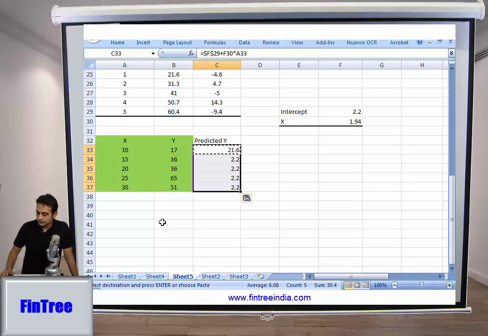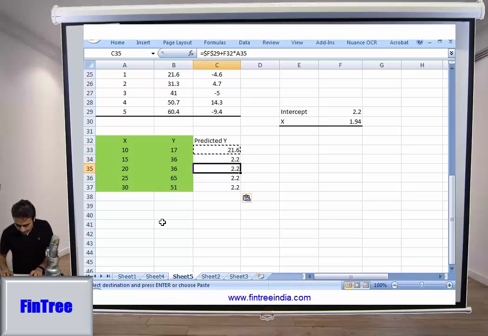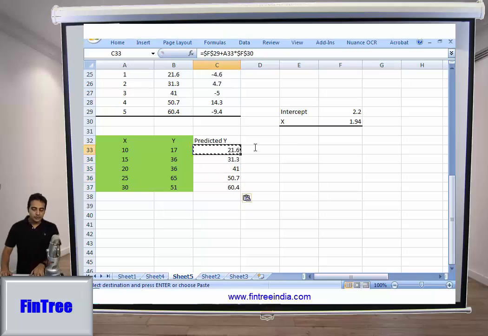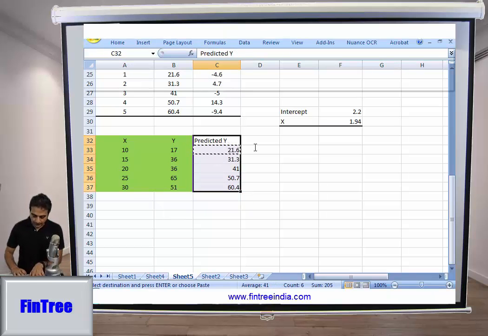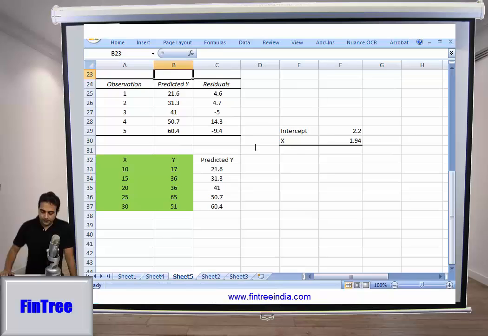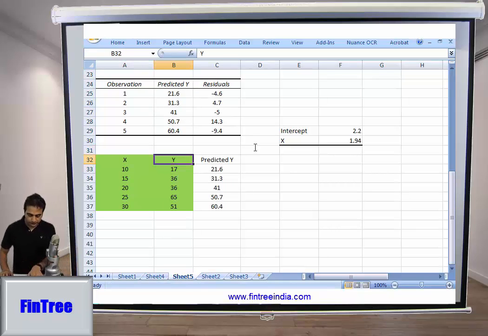Are you following this? Yes, no? Has anything gone wrong? So these are your predicted y values. Now we have the actual y values here, and what we have is the predicted y.